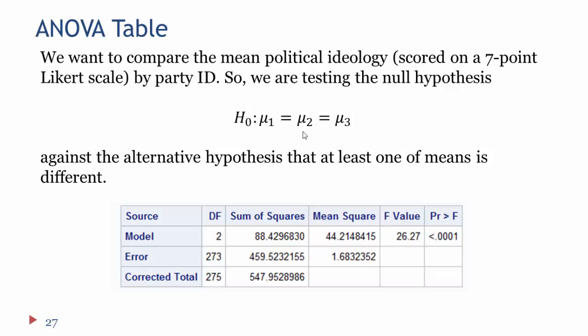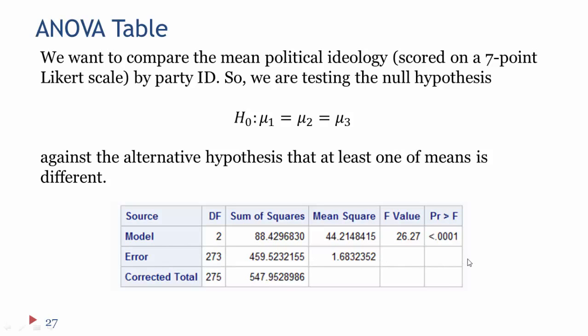And SAS will give us the ANOVA test result, and this is the ANOVA table. And again, the model statement represents the between sum of squares, and the error represents the within group sum of squares.